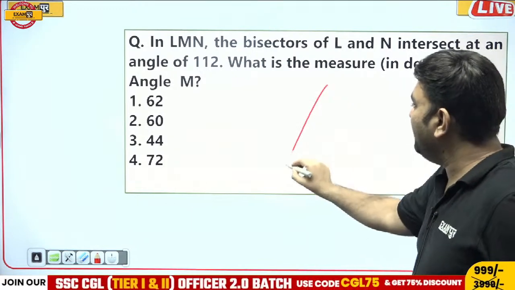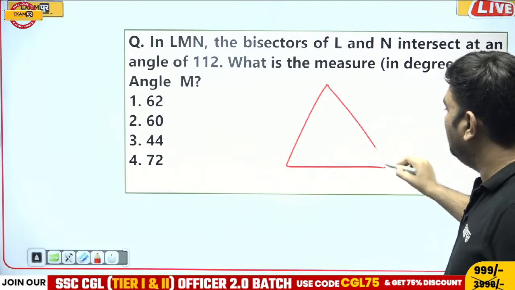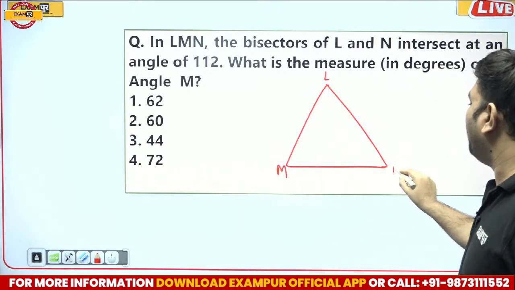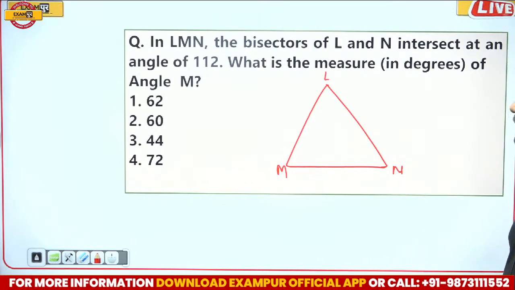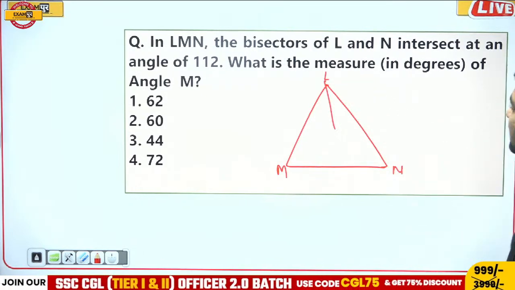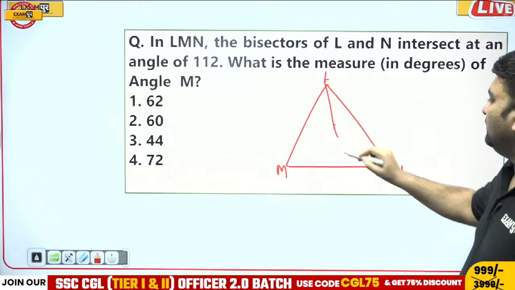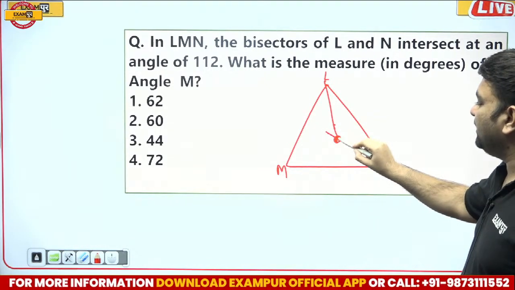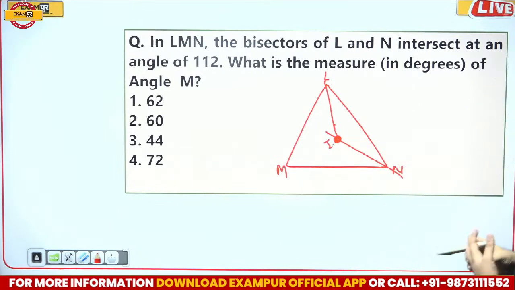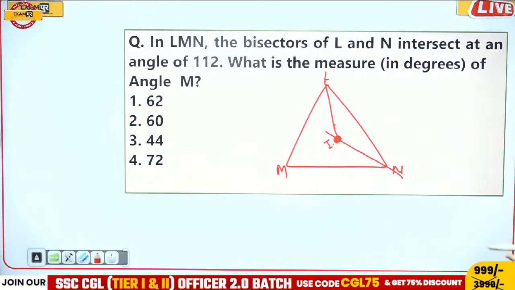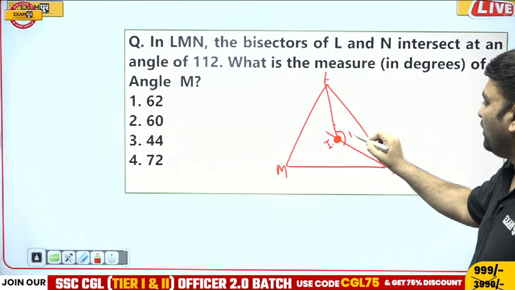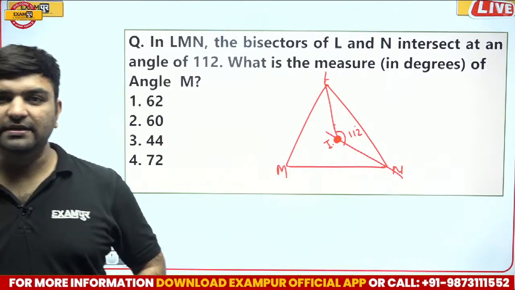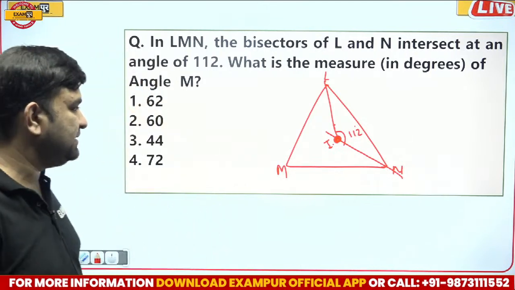In triangle LMN, the bisector of angle L and the bisector of angle N intersect. The point of intersection of internal angle bisectors is called the incenter.